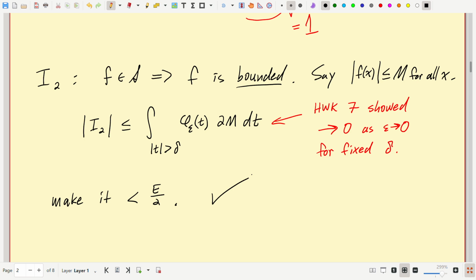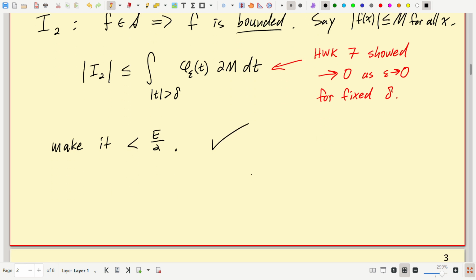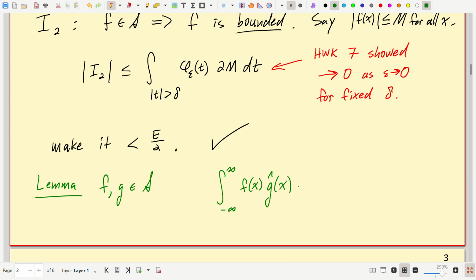Okay, so let's see. We're almost ready to do the biggie here. There's one more lemma I need, which is a routine lemma. It's a beautiful lemma, and it's going to be important. If f and g are in the Schwartz space, then interestingly, I'll write it like this: the integral from minus infinity to infinity of f of x times g hat of x dx.